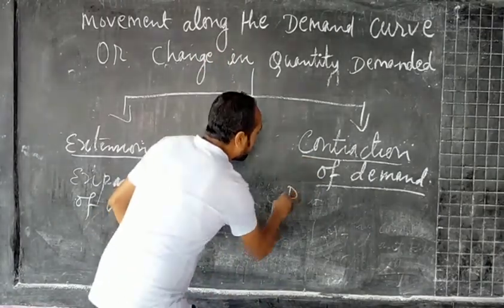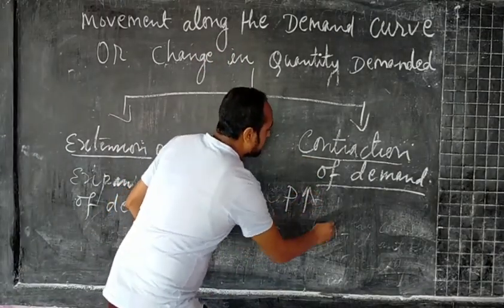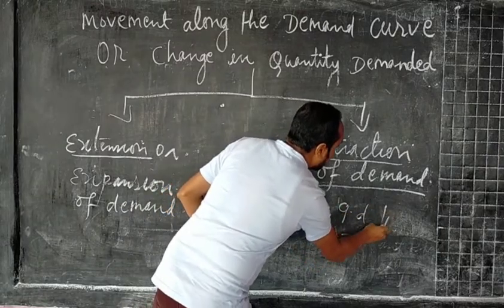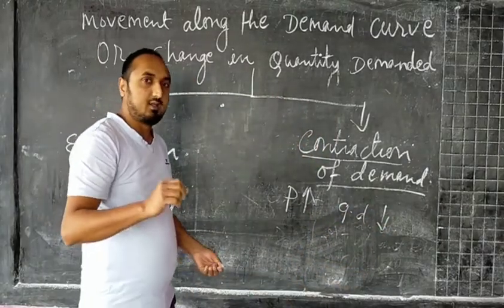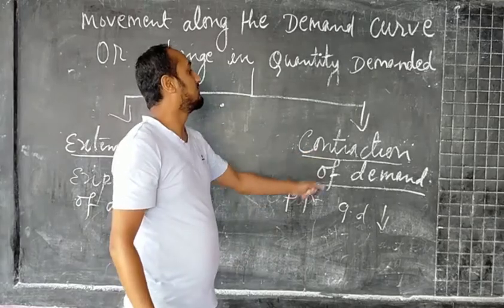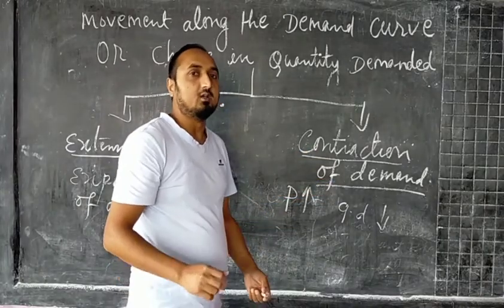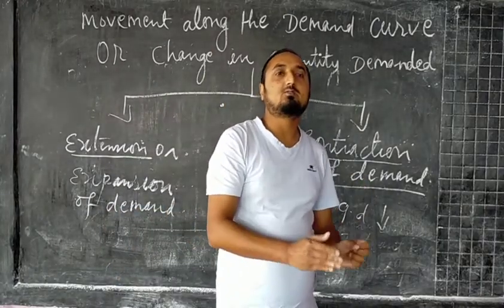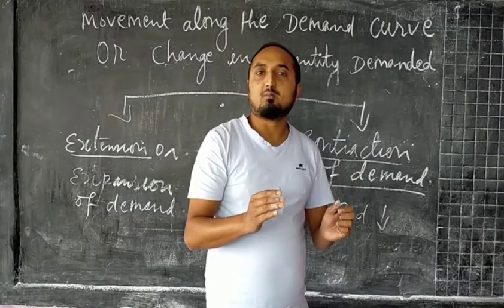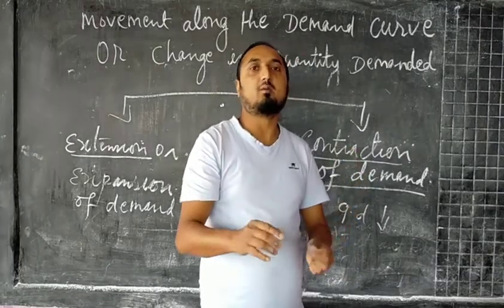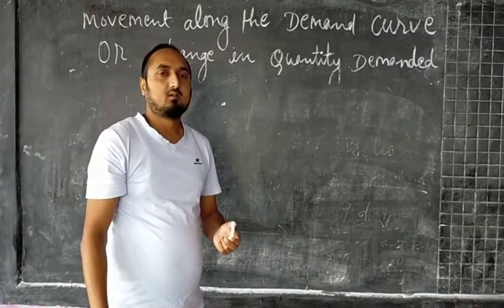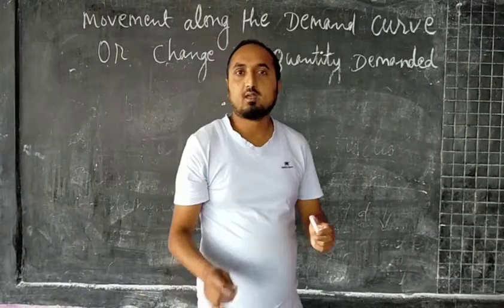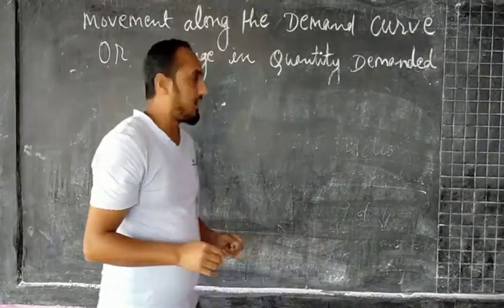So when the price of a commodity increases, the quantity demanded will decrease, other factors remaining constant. That concept is known as contraction of demand. This can also be explained with the help of a diagram.